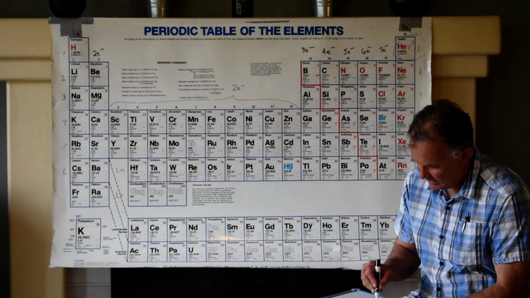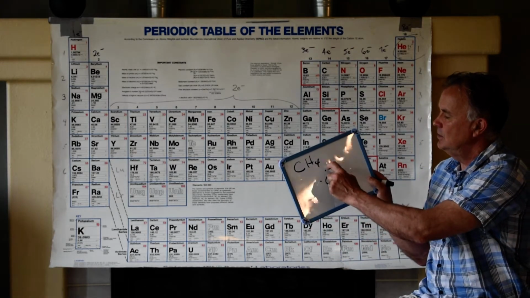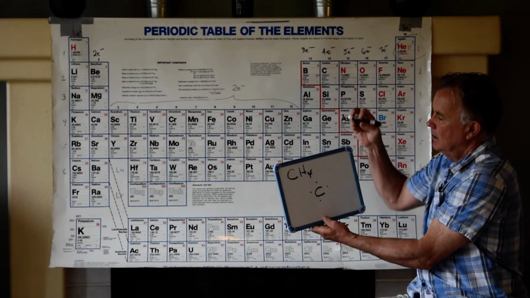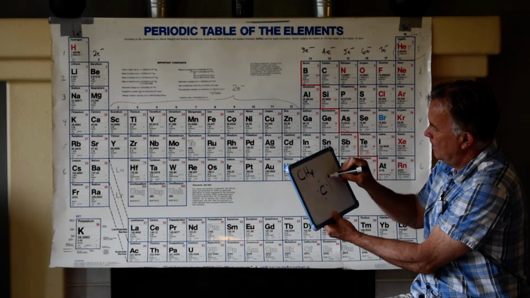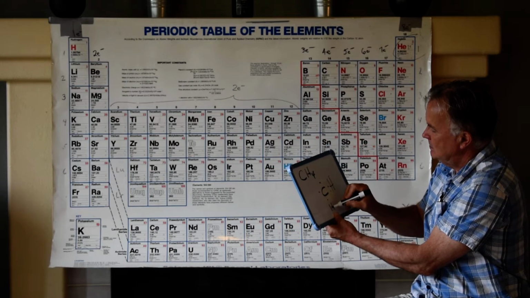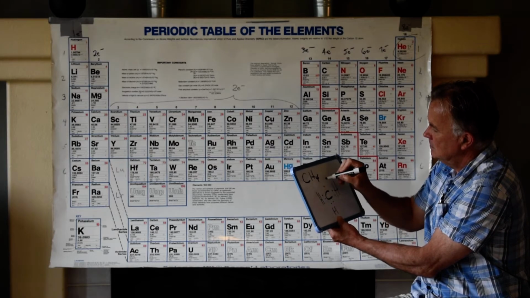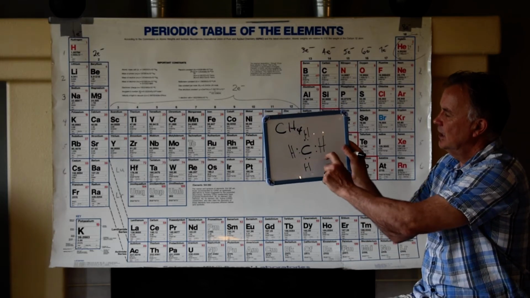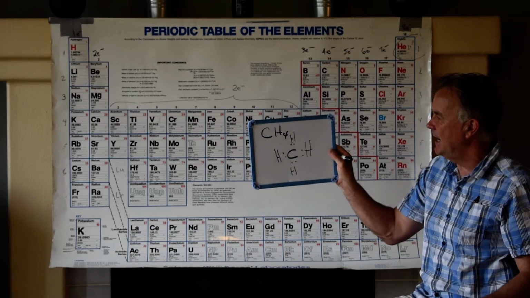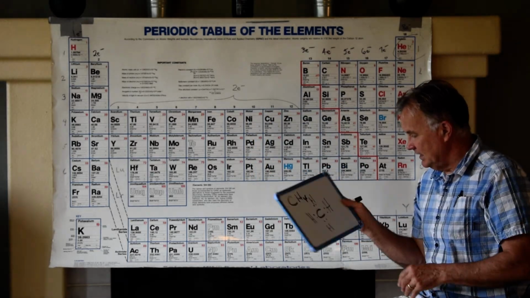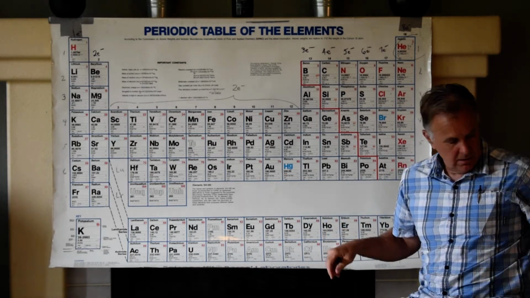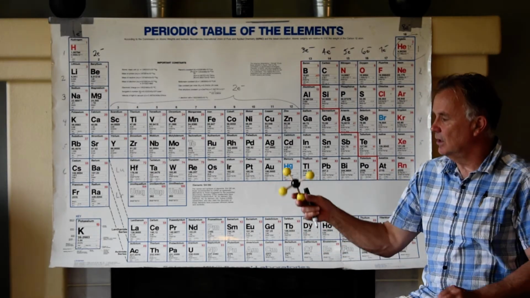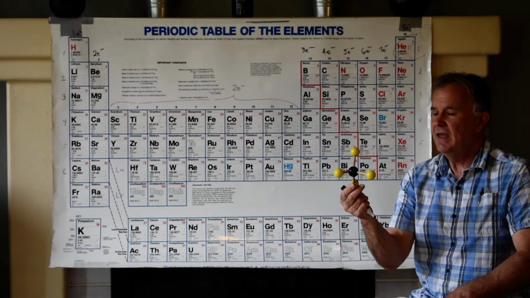It's got 4 valence electrons, 1, 2, 3, 4. It combines with 4 hydrogens. So that would be your Lewis structure there. The carbon's happy because it's got 8 around it. Sharing is like having. So in this case you have methane.